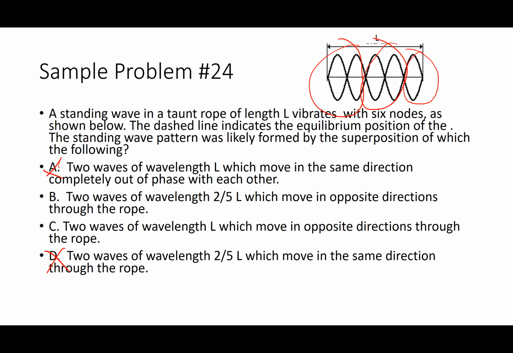So we're looking on this wave at 5 halves of a wave, 2.5 waves on that one string, which tells me that the wavelength of the waves that formed this wave were 2/5 times the length of the string. Only 2 out of 5 were one wave. So knowing that the wavelength of the waves that formed the standing wave were 2/5 times the string length, the answer we're looking for here is B.